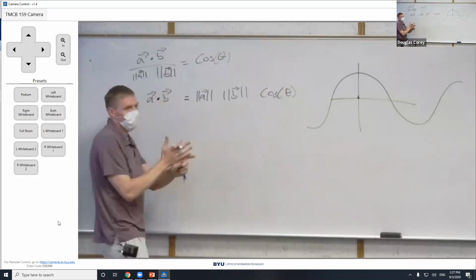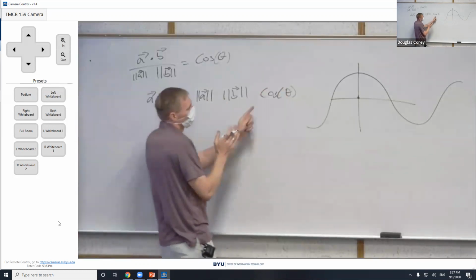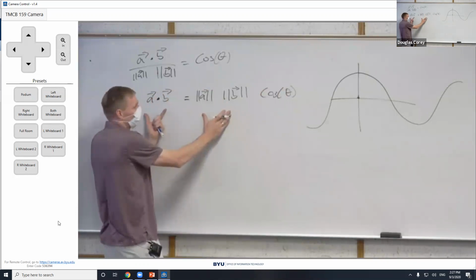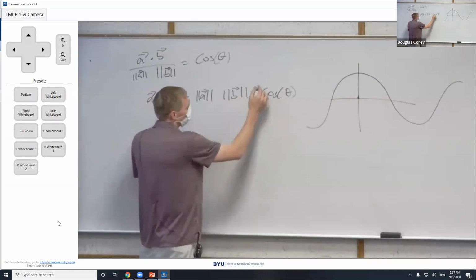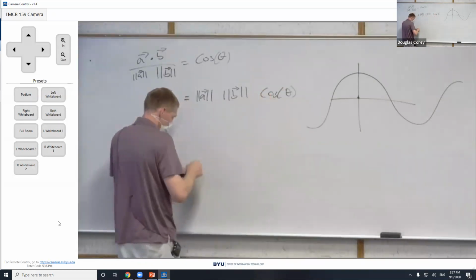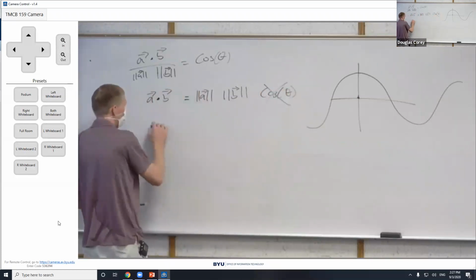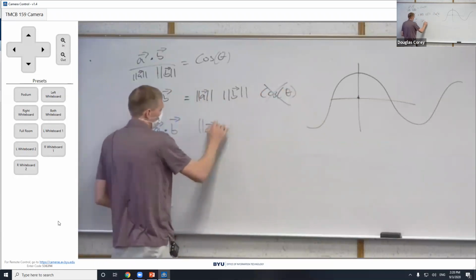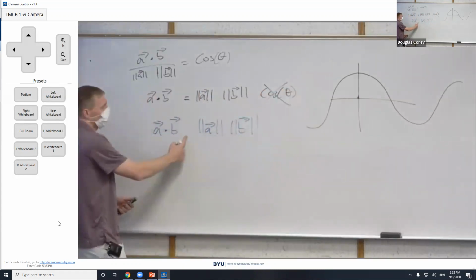But what if they're not pointing in exactly the same direction? Which side will be larger? The left will be larger. If I just eliminate cosine, which side will be larger? If I just drop this, I'm going to have an inequality. Which way should the inequality go?